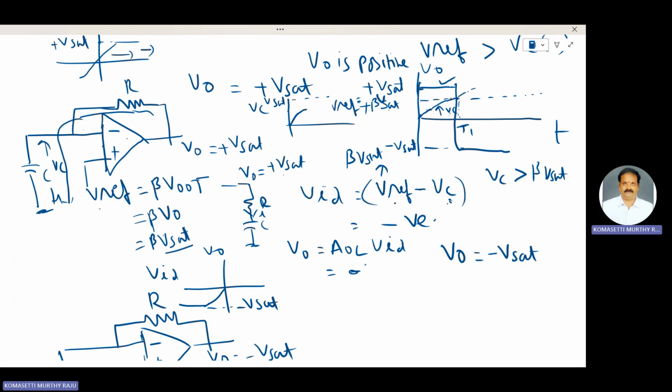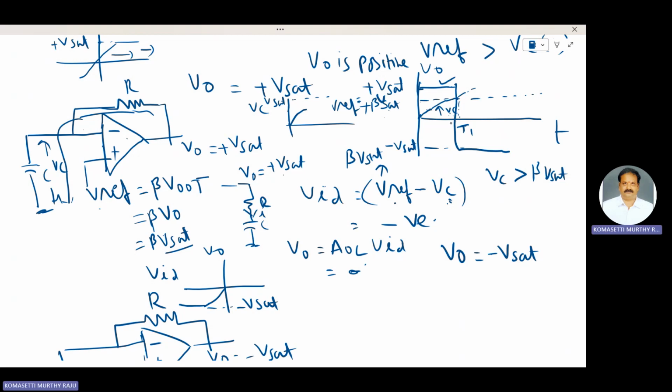When VC is in this region, VC is less than plus beta V sat, the output voltage maintains at plus V saturation. At this instant, the voltage on the capacitor is beta V sat.